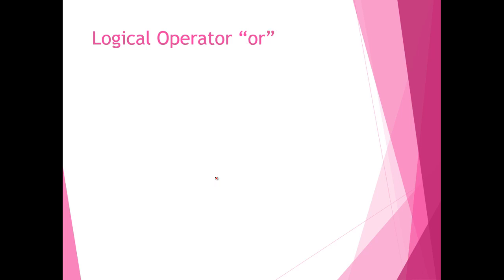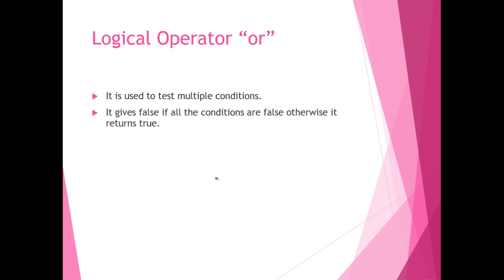The other one is the logical operator OR. It is also used to test multiple conditions. It gives false if all the conditions are false, otherwise it gives true. So how do we write it? If, then the conditions, and in between them we put the OR operator.